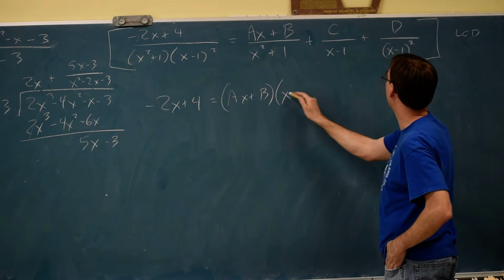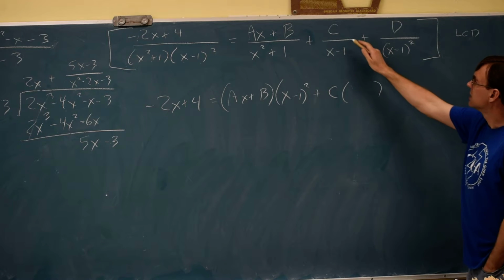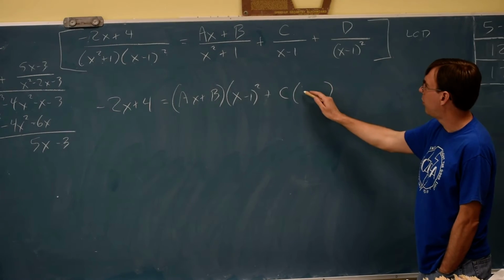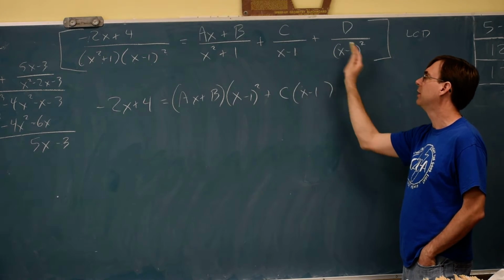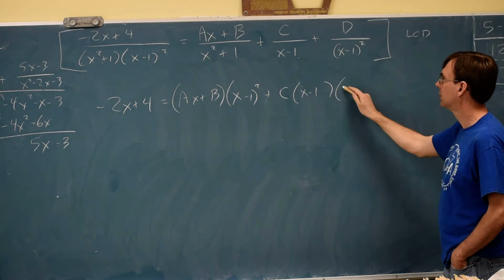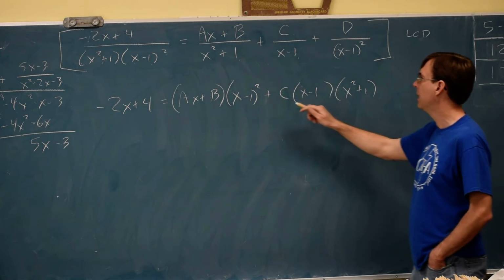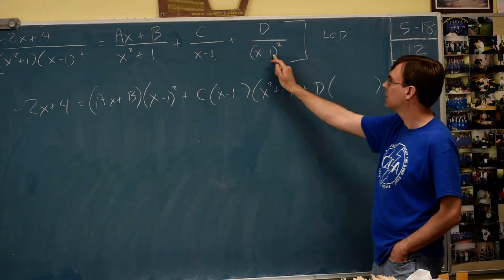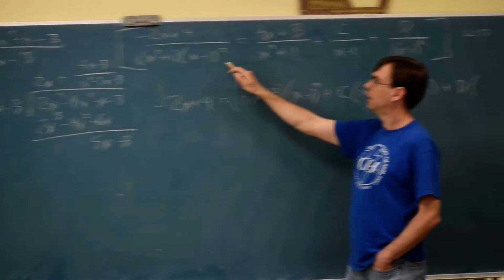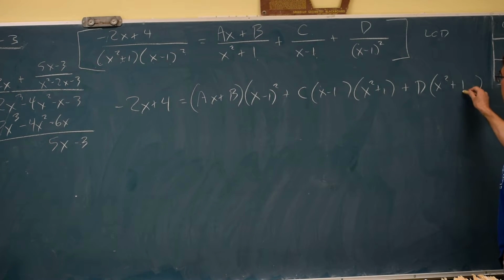That's the extra thing. The C would have to multiply another x minus 1, because one of them got canceled, but the other one is still a foot. And then x squared plus 1 is in the mix. In D's world, this would get canceled, which would leave the x squared plus 1 still a foot.